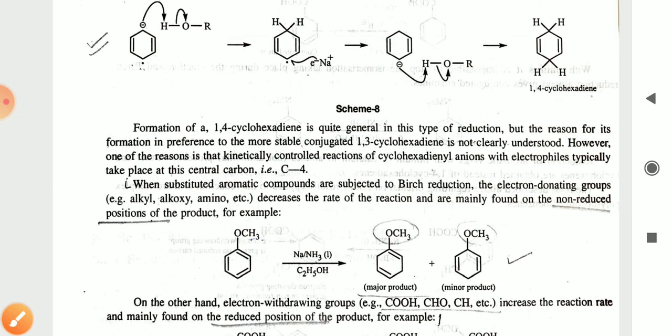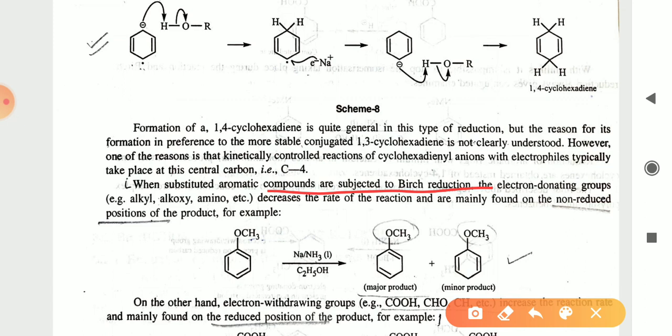In another reaction, you can see this is a pure benzene ring, and here substituted aromatic compounds are present. In Birch reduction, electron-donating groups like alkyl, alkoxy and amino decrease the rate of the reaction and are mainly found in a non-reduced position of the product.